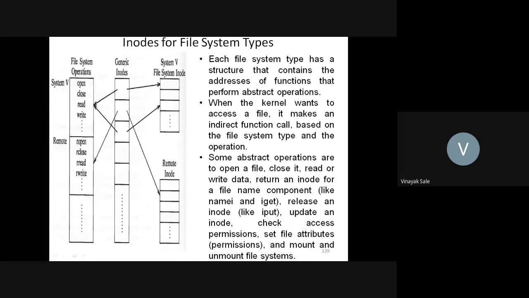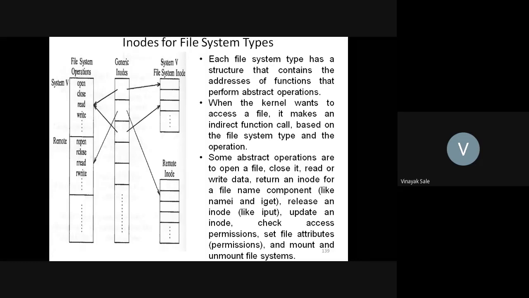So each file system type has a structure that contains the addresses of the functions that perform abstract operations. When the kernel wants to access a file, it makes an indirect function call based on the file system type and the operation.